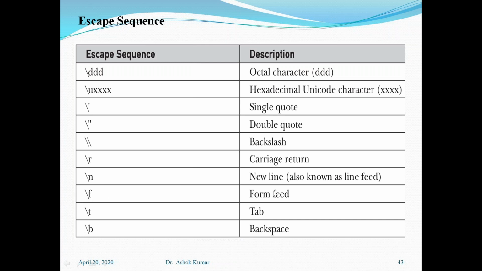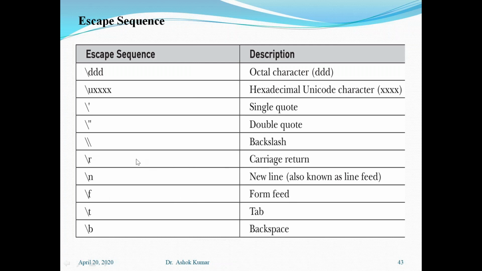Form feed prints the symbol at the beginning of the next page. This is basically used while you are printing something, because form feed prints the output at the beginning of the next page.